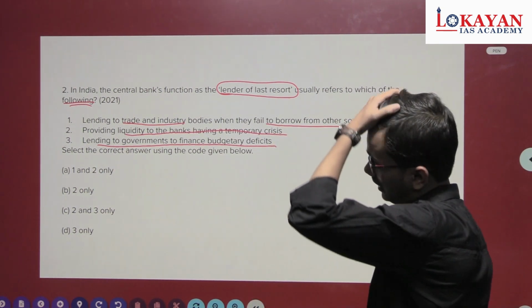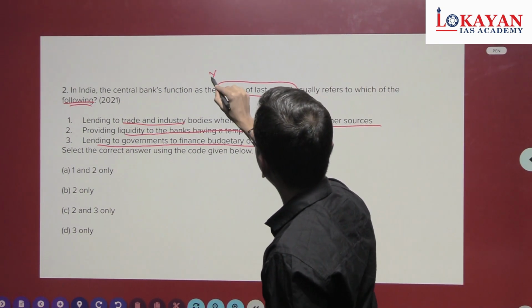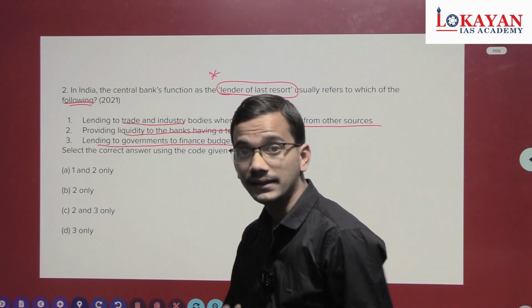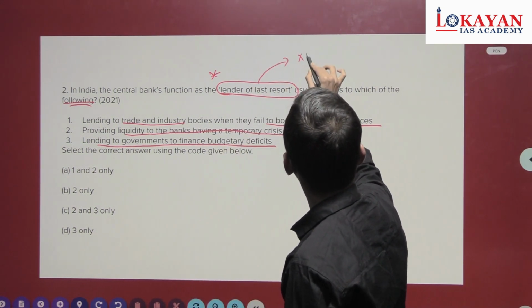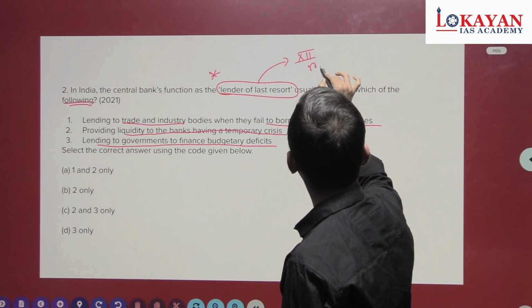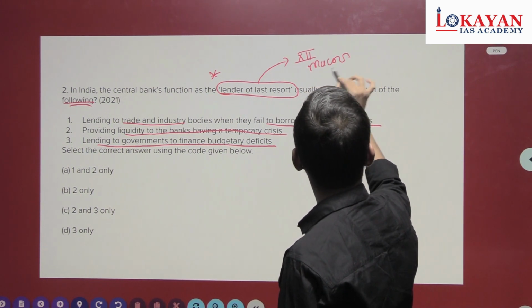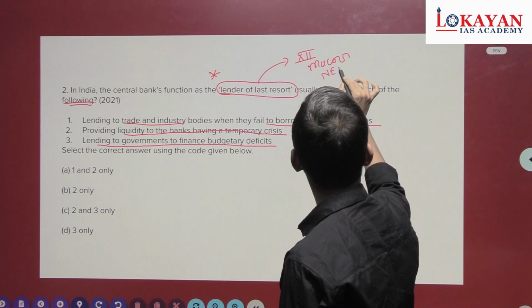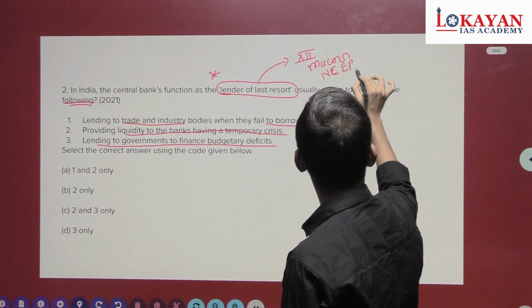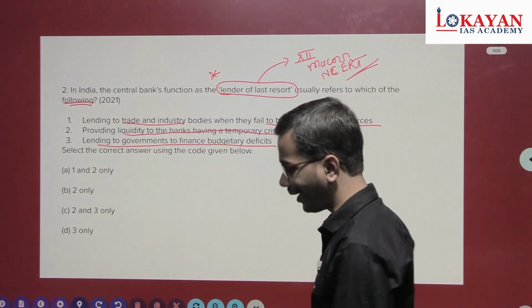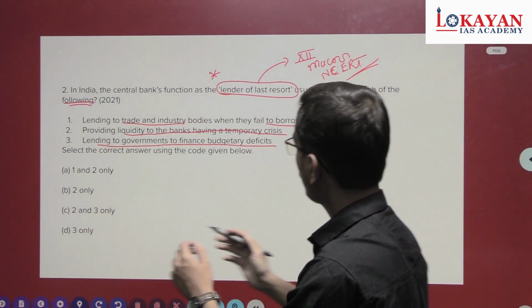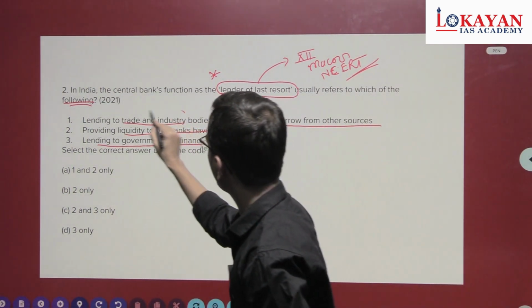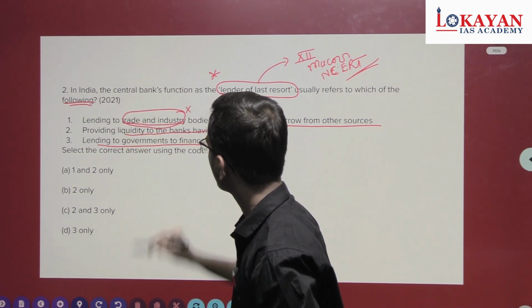Okay, now see, lender of last resort. This concept is properly mentioned in 12th macroeconomic NCERT. So why is RBI called as lender of last resort? First statement, lending to trade and industry. This is wrong.